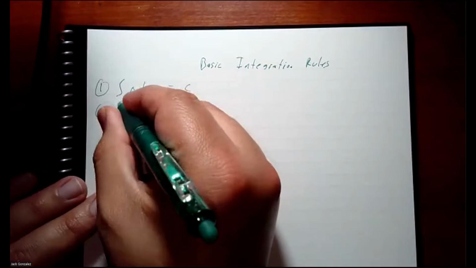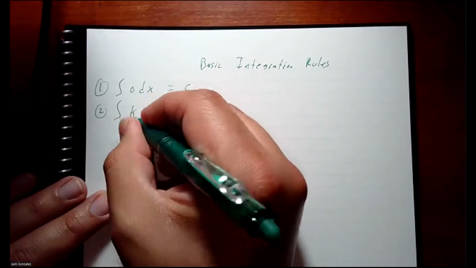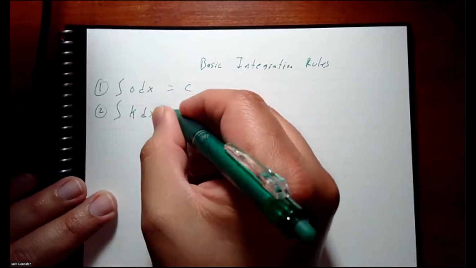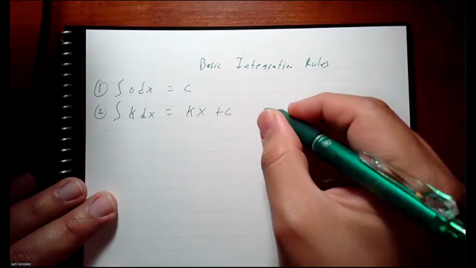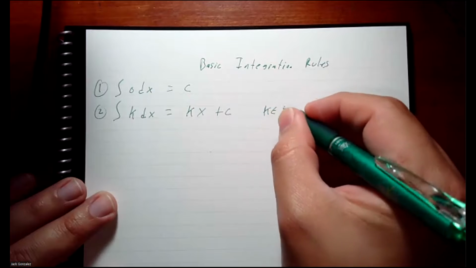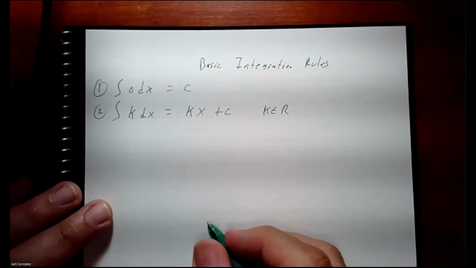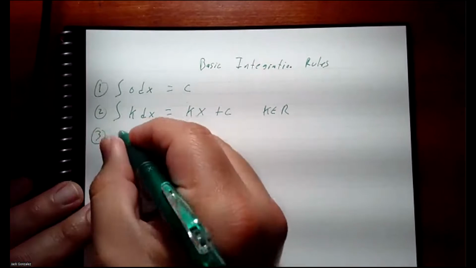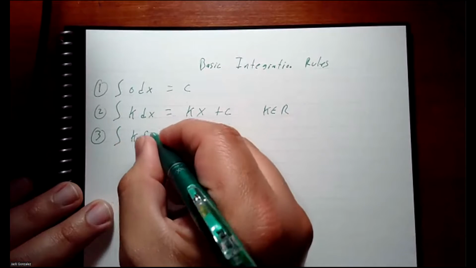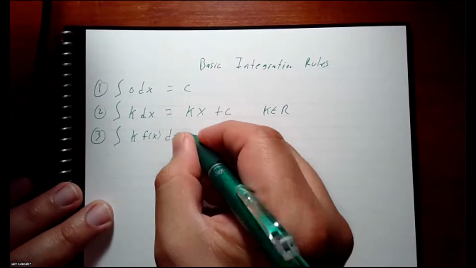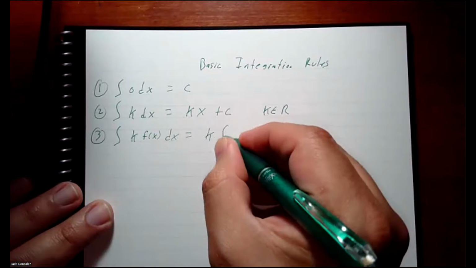Two, the integral of a constant k dx is equal to kx plus c, where k is an element of the real numbers. Three, the integral of k times a function: just factor out the constant and do the integral.